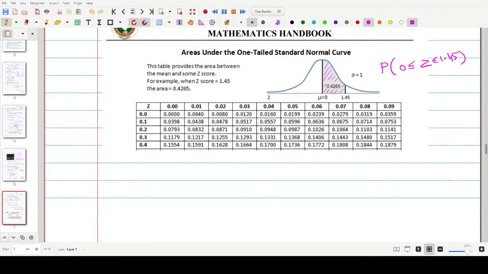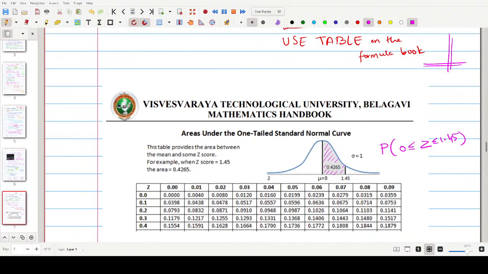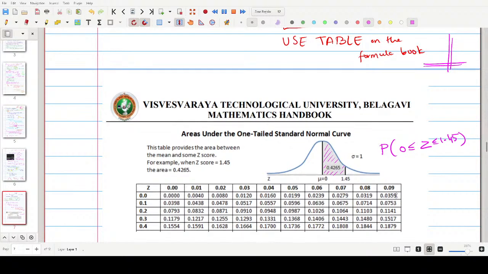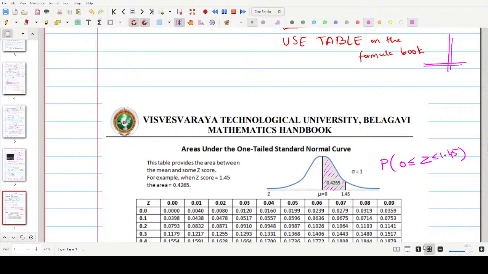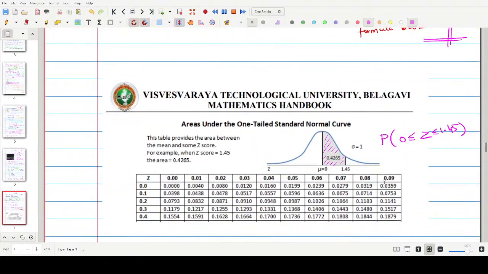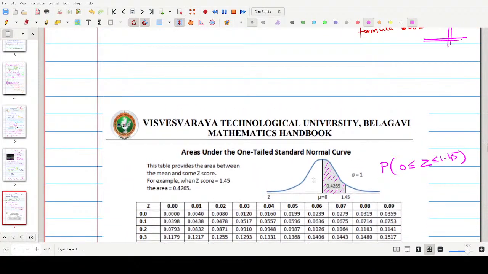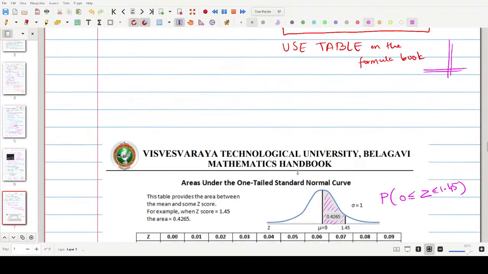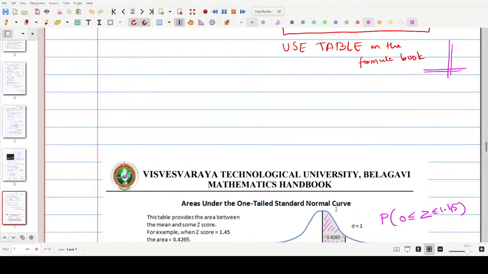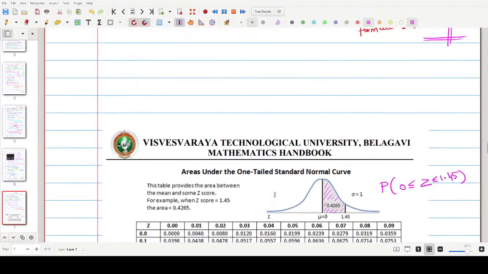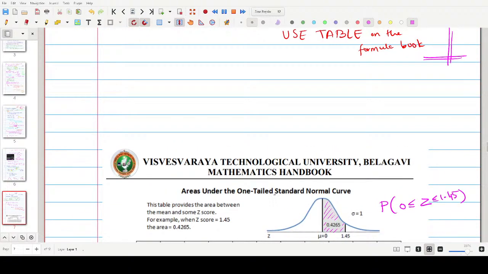So let's try to solve a problem using the table that is given here. I will try to get some space on top of this to write the question. Let's have a new question. I'll use this light green page. In the question the value of mu will be given.